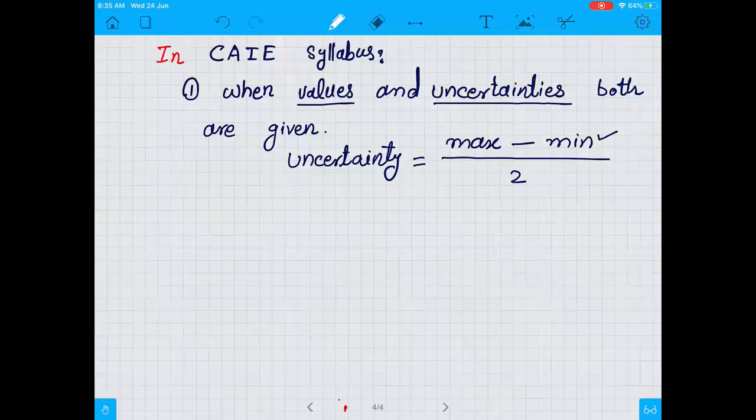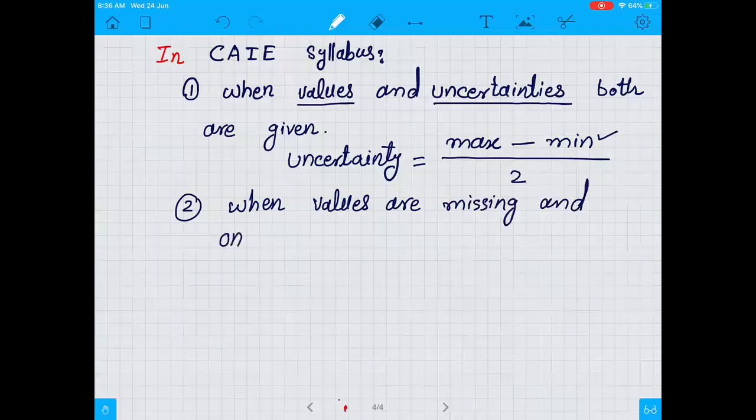However, when values of the quantities are missing and only uncertainties are given.